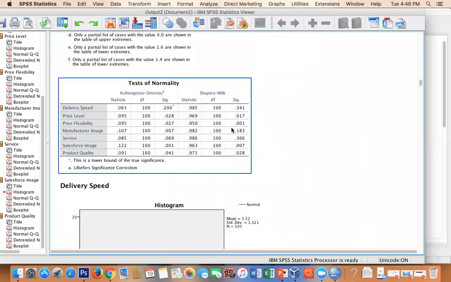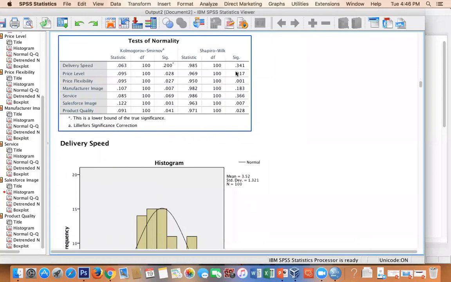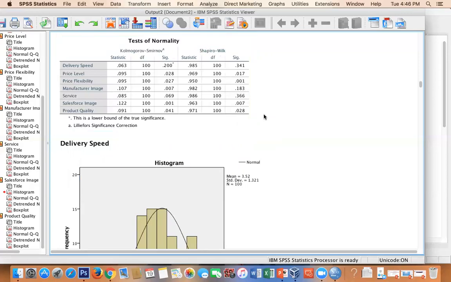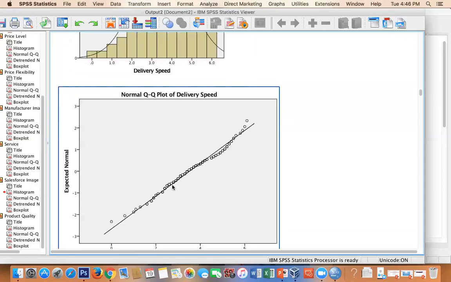And then we looked at the test for normality. These 4 variables, 0.017, 0.001, 0.007, and 0.028, are the values which are less than 0.05. That means these 4 variables are not normal as per the Shapiro-Wilk test. Now, I told you, after looking at the graph, I looked at this QQ plot, which determines the linearity as well.